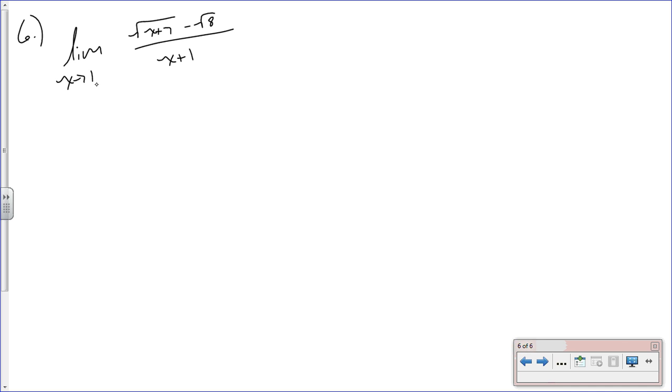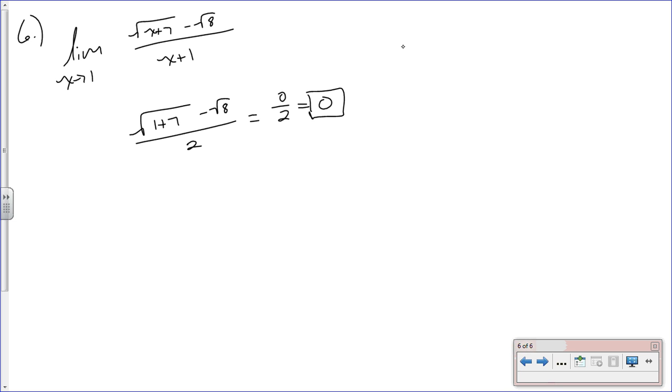Let's just go ahead and direct substitute first, because you normally always want to do that first. So it's going to be the square root of 1 plus 7 minus the square root of 8 over 2. The square root of 1 plus 7 is the same thing as the square root of 8. The square root of 8 minus the square root of 8 is 0, over 2, which is just 0.